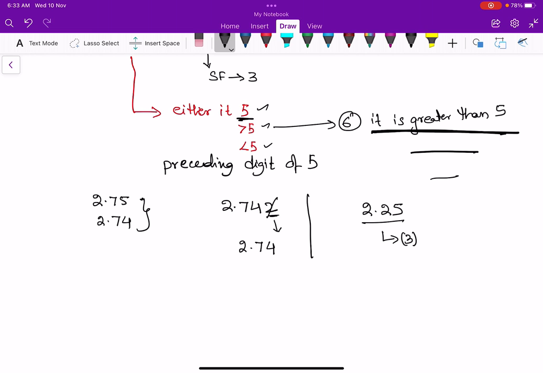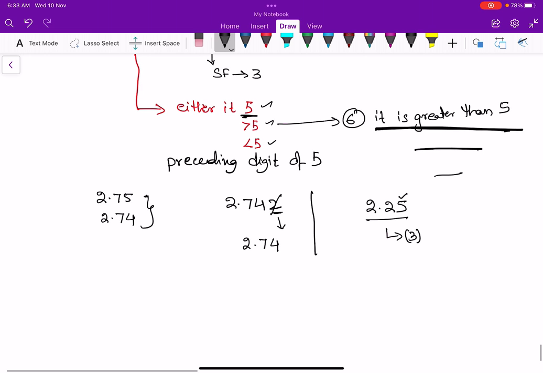So 5 is there, the condition is equal. I want to make it 2. Now how to write? Simply write 2.2 because the preceding digit is even. If it is odd, you raise it by 1. If it is even, just leave it. Okay.